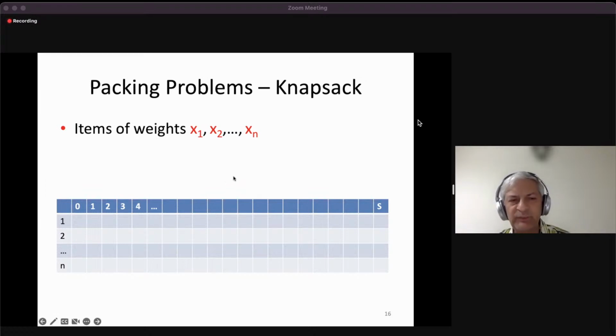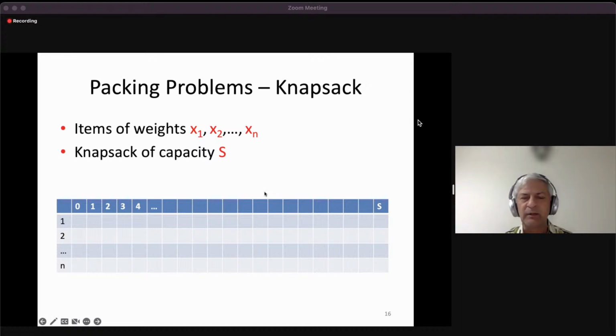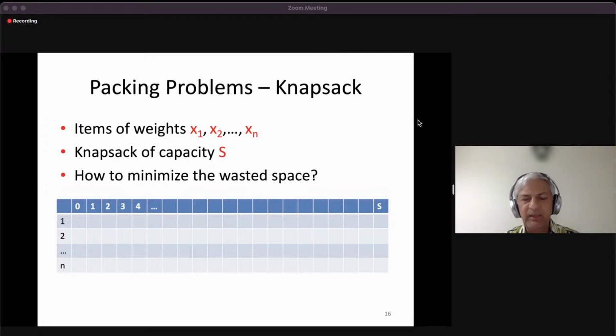And we're asked whether we can fill up a box of capacity S with these items or not. In particular, the knapsack question asks how we can minimize the wasted space. So this is exactly the problem we solved before, but with coins.